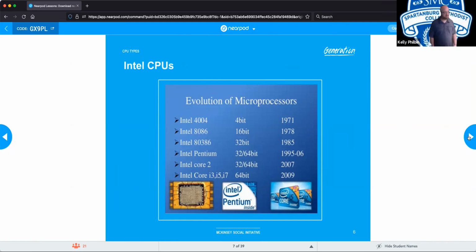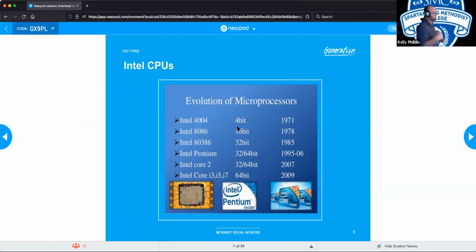So here's basically the evolution and some of the main names of the Intel CPUs. You do not need to memorize all of these. Mostly have an idea as to how they do their naming, but also how they've grown over time. You can see, from 1971, they had a 4-bit processor, that small. So that's 4 ones or zeros.